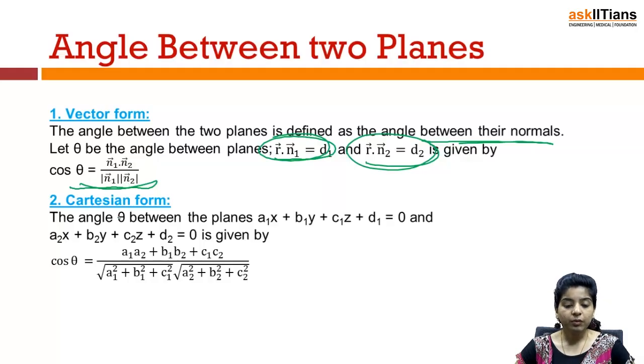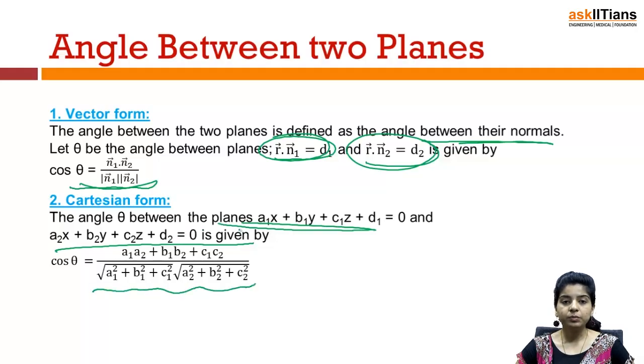In Cartesian form, if we have the planes of the form a1x plus b1y plus c1z plus d1 is 0 and a2x plus b2y plus c2z plus d2 is 0, then the angle between them would be given by cos theta is a1a2 plus b1b2 plus c1c2 divided by under root a1 square plus b1 square plus c1 square and under root a2 square plus b2 square plus c2 square.